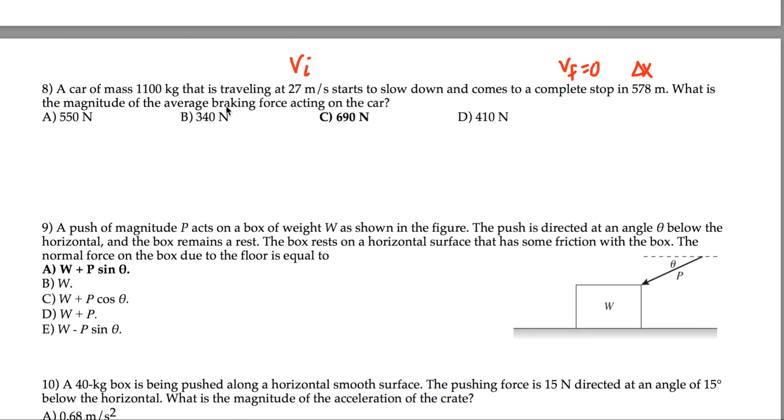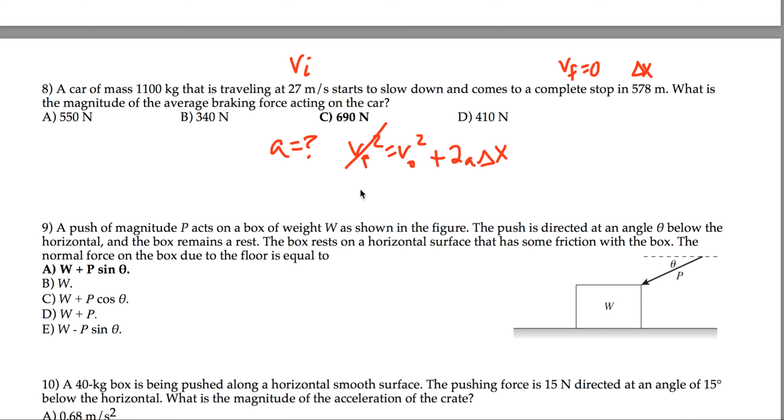And what was the force that allowed this to happen? So what we need to solve for is the acceleration. A kinematic equation that has those 4 variables in it is this one right here. We just take this kinematic equation and solve for acceleration.